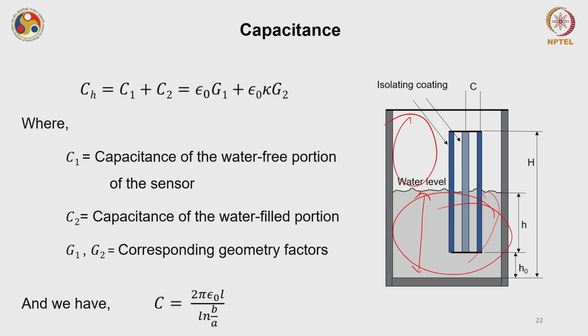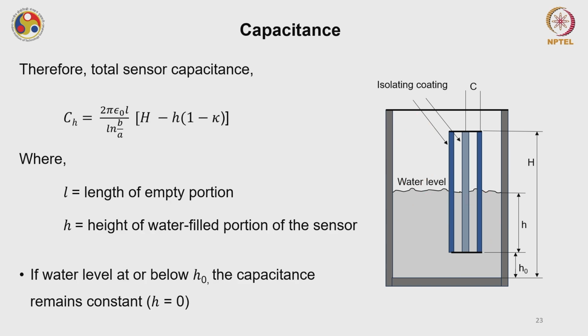We know that for a coaxial cylinder, the capacitance is 2 pi epsilon naught L by ln B by A. Therefore, the total sensor capacitance will be 2 pi epsilon naught L by ln B by A into H, which is the total length from the bottom, minus H into (1 minus K). Here L is the empty portion and H is the height of the water-filled portion of the sensor. So if the water level is at or below H naught, the capacitance remains constant.